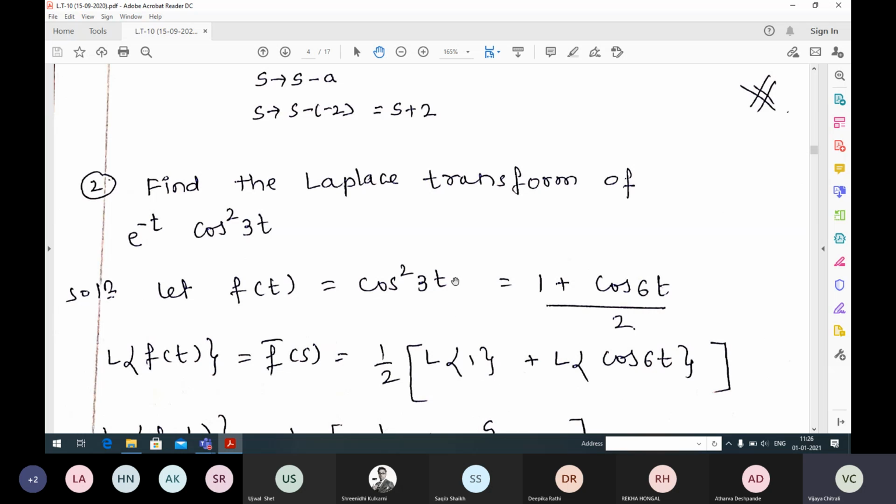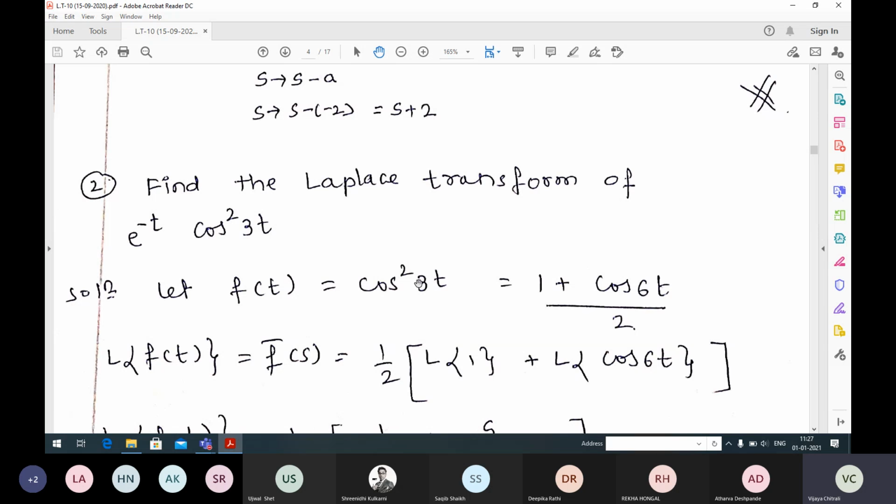First you convert this into standard form. So we can write this cos square 3t as 1 plus cos 6t divided by 2. Why? Because we have a standard result, cos square a is equal to 1 plus cos 2a divided by 2.